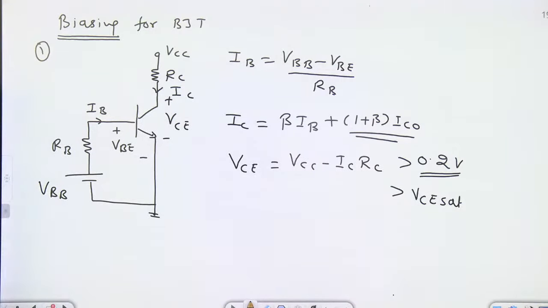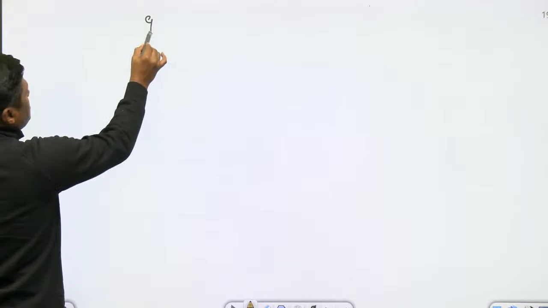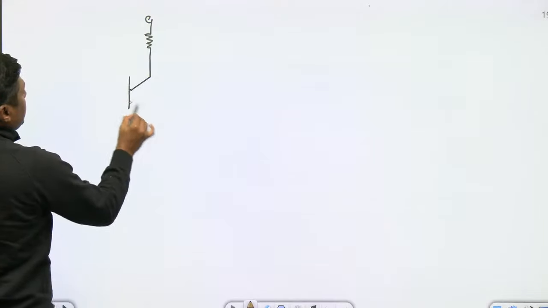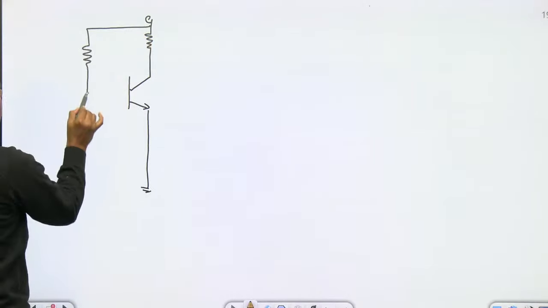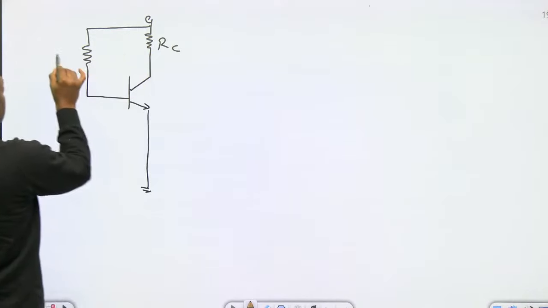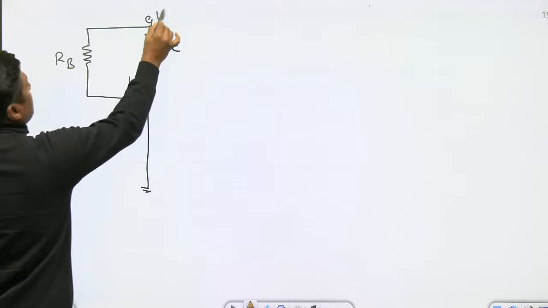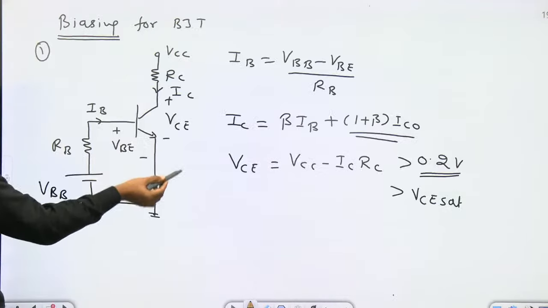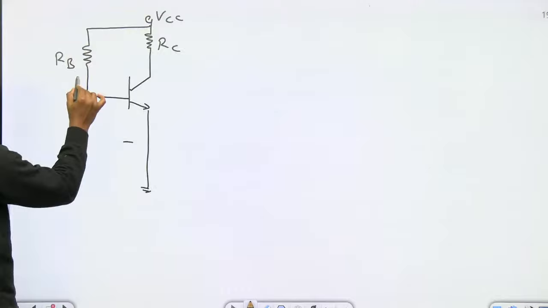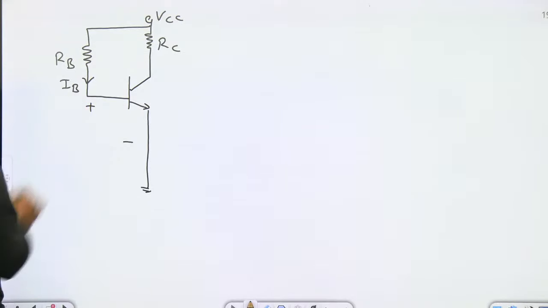That is a fixed bias circuit. Second, it is also a fixed bias circuit, when we are connecting RC here, RB here. Again, it is a fixed bias circuit. Everything will remain the same, but we only have to change the formula for IB.